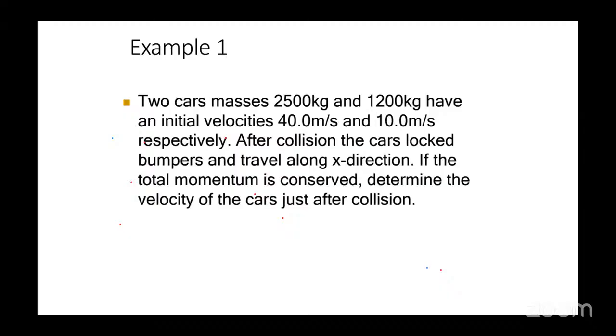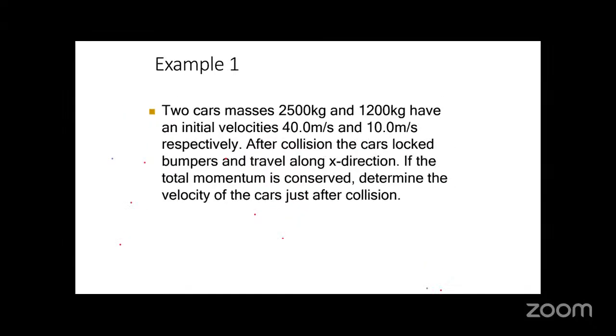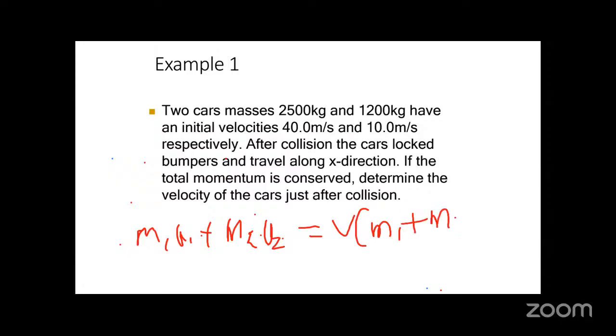And that will be, okay, let me use my marker here. So we are going to use m1 u1 plus m2 u2 is equal to v times (m1 plus m2).